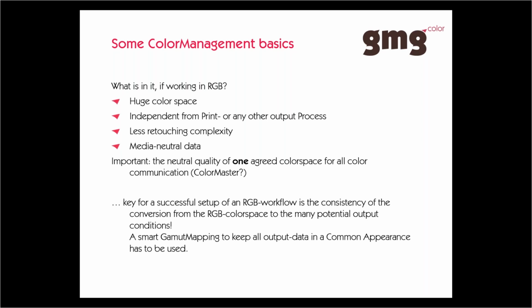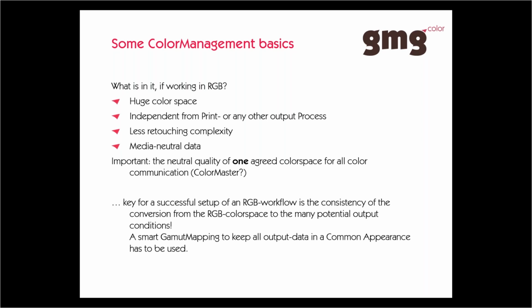So for any use case, the data is media neutral. The data is independent from every use case. Retouching is significantly easier. In Adobe Photoshop, we have more options to work on an RGB image than we have on a CMYK image. Just some of the benefits.